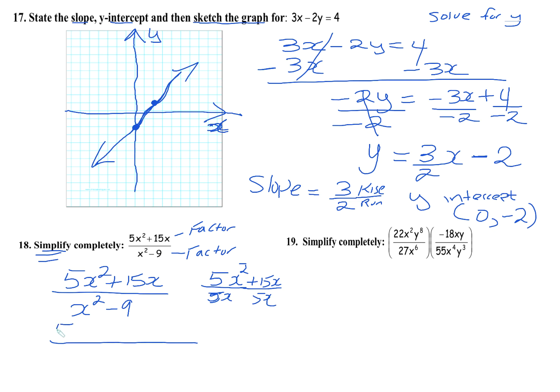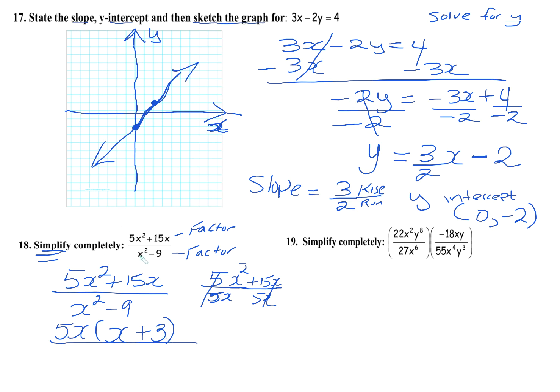So if I factor out 5x, what will be left inside would be x plus 3, because x squared divided by x is x, and 15 divided by 5 is 3. So this was a GCF, and I'm left with 5x and x plus 3.